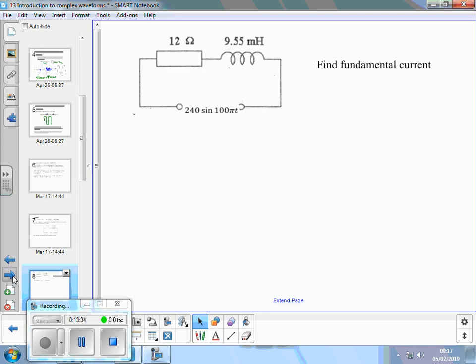So, first thing we're going to do is find the current due to the fundamental. So I've taken the fundamental voltage out, and we're going to consider that on its own. What do we need to do first? Modify that just a little bit from resistance, impedance. Right, we need to find Z1. Formula for it.